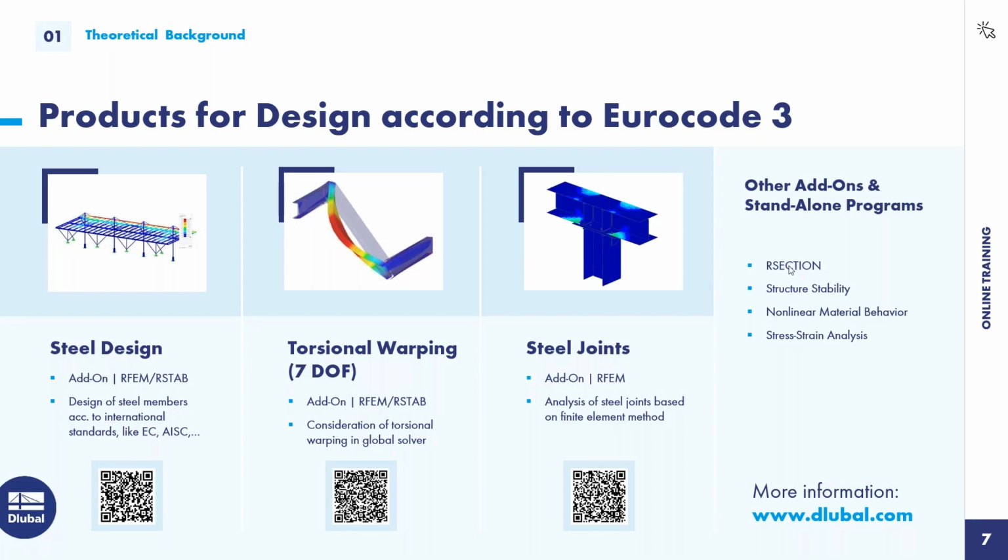Then the standalone program RSection, a cross-section program. Then Structure Stability, where you can do a stability analysis. We will use it in the second example. Then Material Nonlinear Analysis, if you want to consider, for example, plastic material behavior of steel. And the add-on Stress-Strain Analysis.